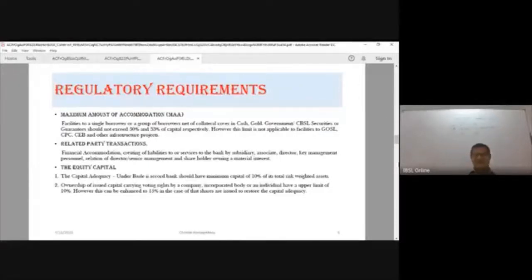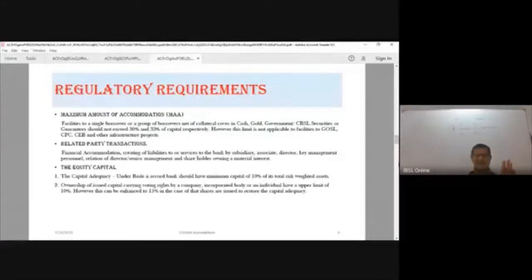That means the wife of a director or the wife of a senior manager is also a related party, because then they can use their name and borrow. Therefore, there are restrictions on them. I'll tell you what those restrictions are and what kind of security these related parties need to provide if they want to borrow money from the bank.